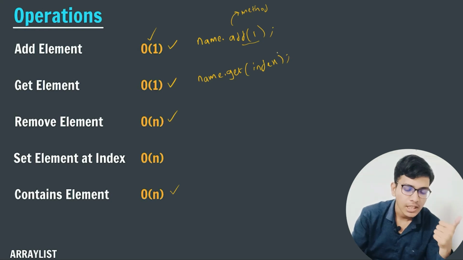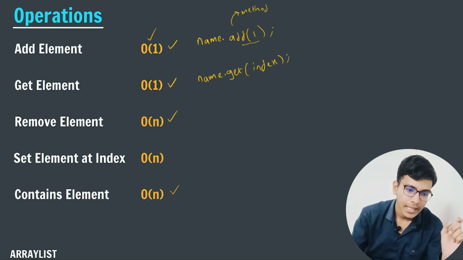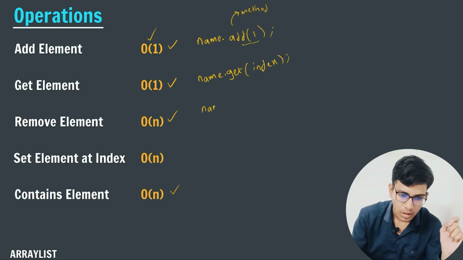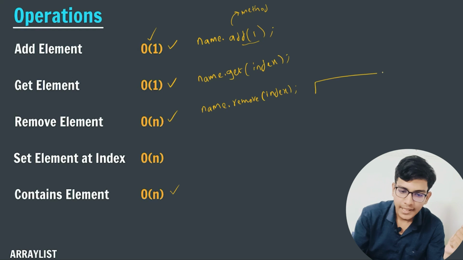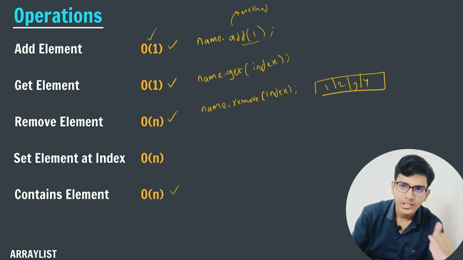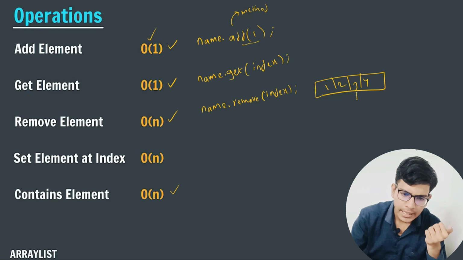And we will get the element which is present at that particular index. After that, suppose I want to delete or remove a particular element in my ArrayList, then I need to write name dot remove. Let us consider 1 2 3 4. ArrayList is very similar to arrays, so you can visualize it in terms of arrays. Let us consider that I want to delete 3.